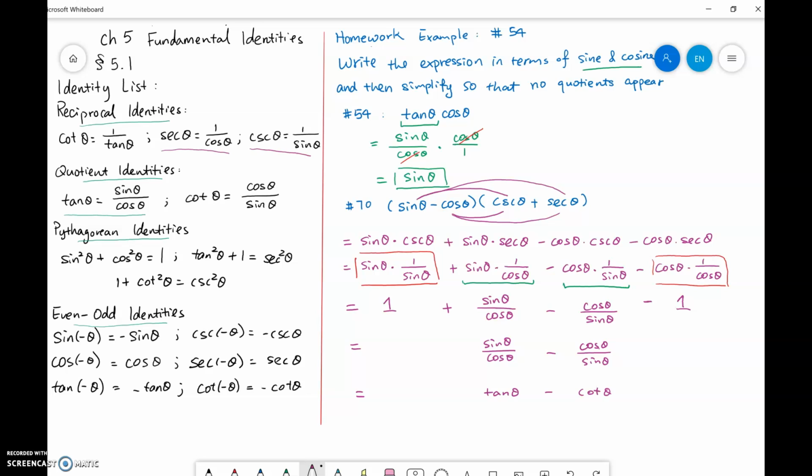Okay. So the reason for me to write two steps is that the first one, sine of theta over cosine of theta minus cosine of theta over sine of theta, satisfies the first requirement, rewriting the expression in terms of sine and cosine.